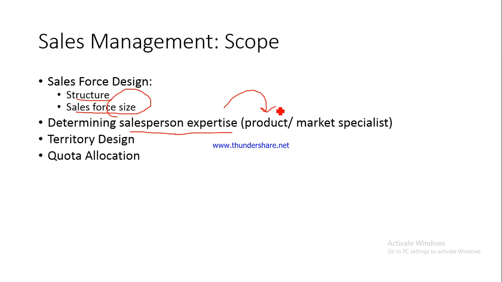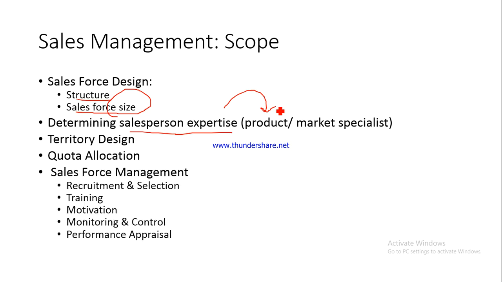There are salespersons who are at the fag end of their career, maybe hitting 50-55 years of age. Would the quota assigned to them be the same as the quota assigned to a very young salesperson who is just 25-28 years old? Now this is what the quota allocation decision is all about. So this is another thing that forms part of the sales management.